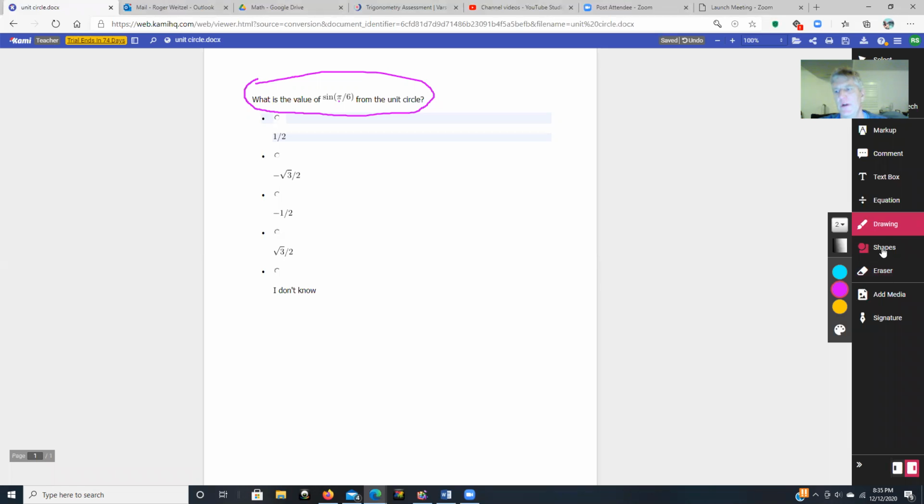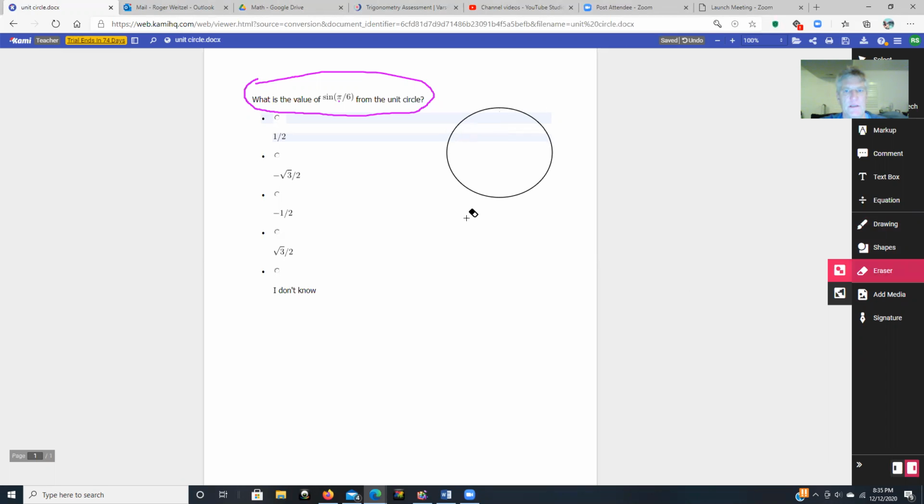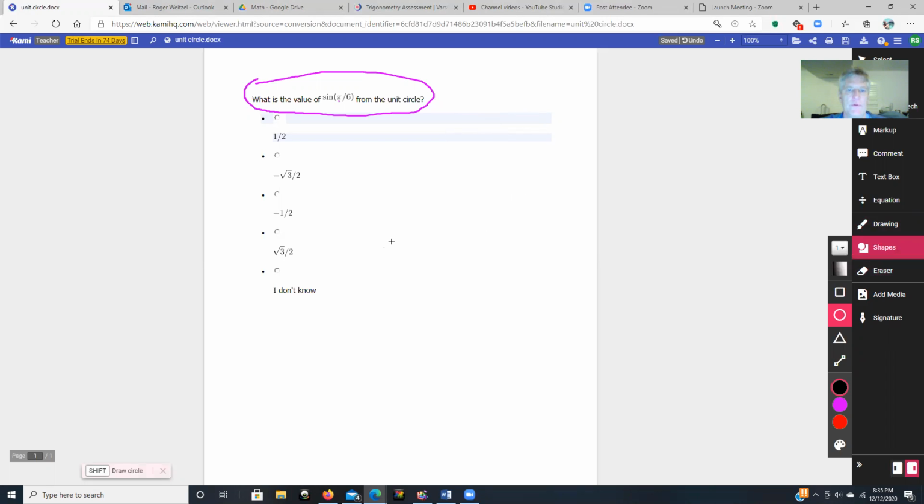So let me see if I can draw a circle. I don't like the placement of that. Let's see, how about if we do it here? All right, then we'll do this in a different color.